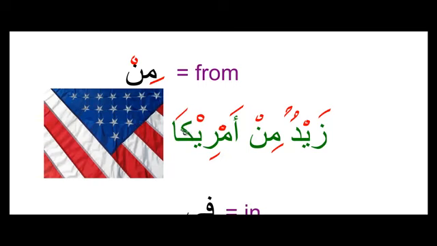Well, America is actually an exception, and we're going to talk about why. For now, just know that it's a foreign word, and foreign words that are transliterated directly into Arabic cannot take a kasra. So we have to leave it with an alif, and we say Zaydun min America.